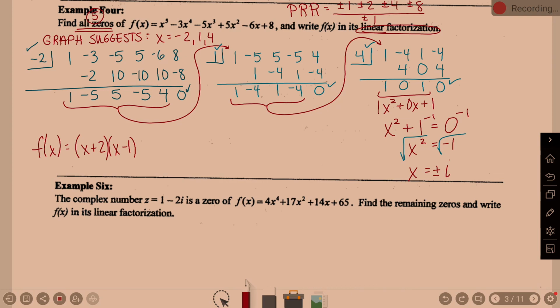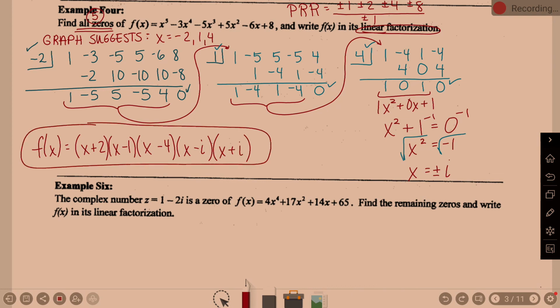Then we used 4, which is x minus 4. Then we came up with I, which is x minus I. And we came up with negative I. X minus negative I is x plus I. We just factored that is what we did. Totally different factoring than what you learn in algebra. It's using synthetic division to factor that. Okay?